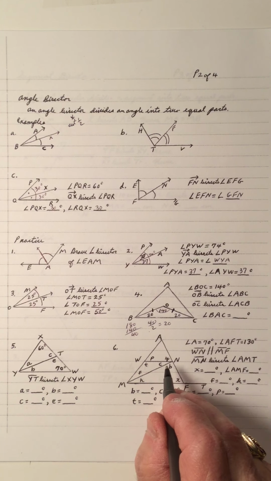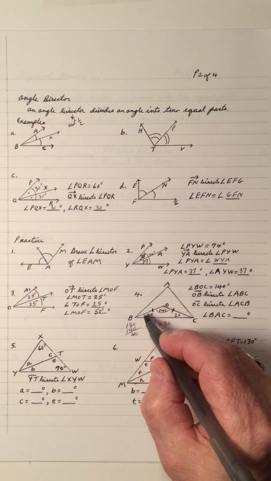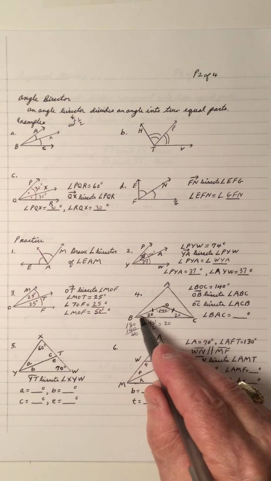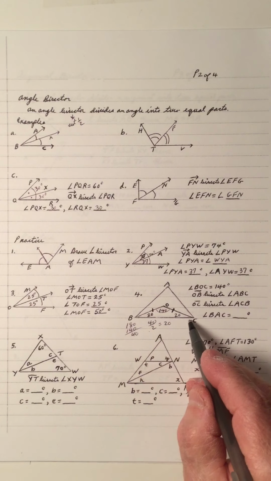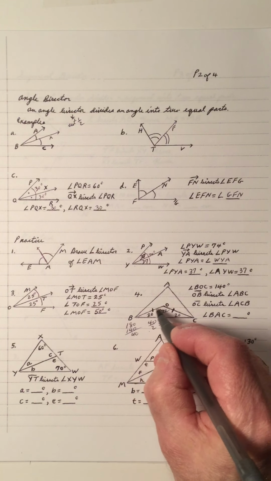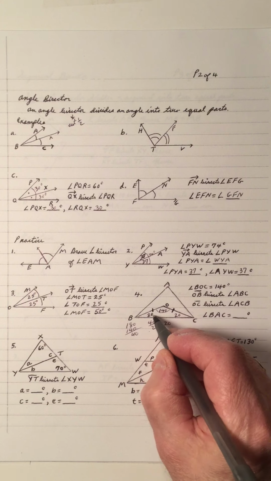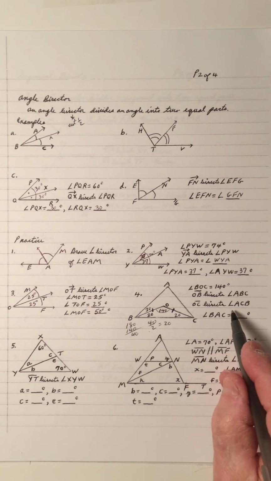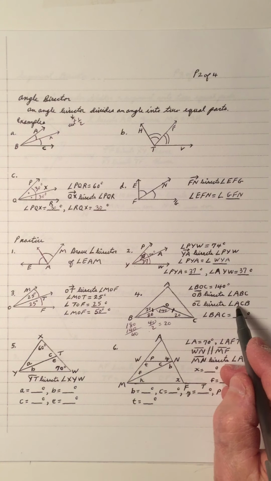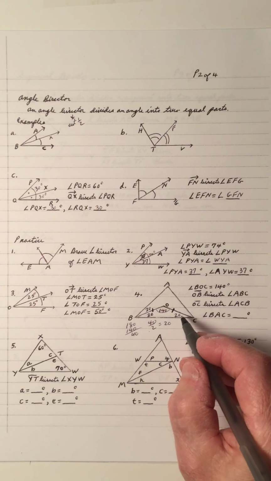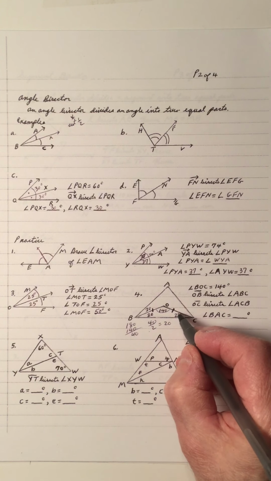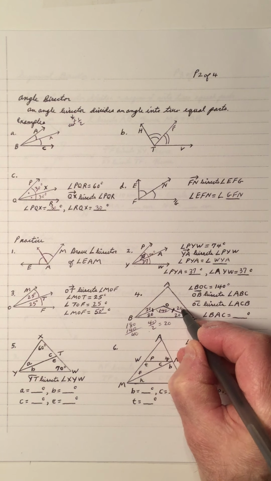And if OB bisects angle ABC, that means if that segment bisects this big angle, that's 20. And if OC bisects angle ACB, so if this segment bisects ACB, that's 20, a 20.